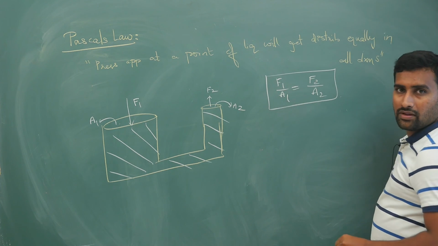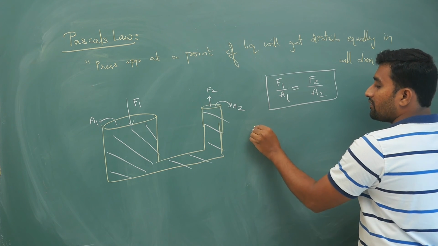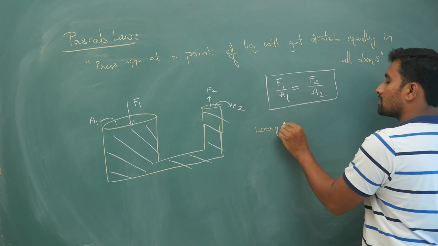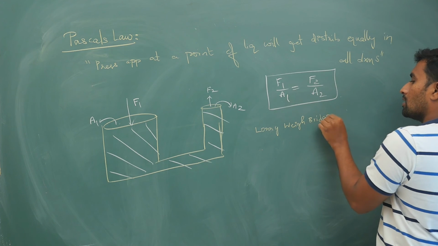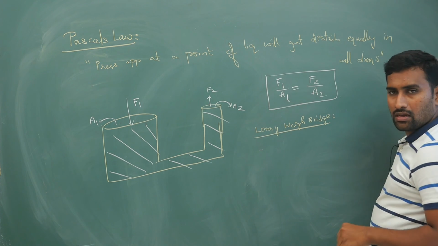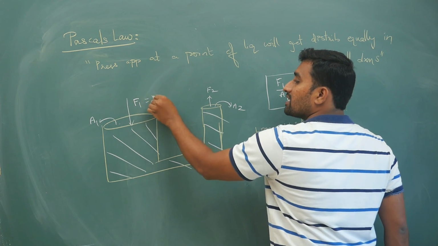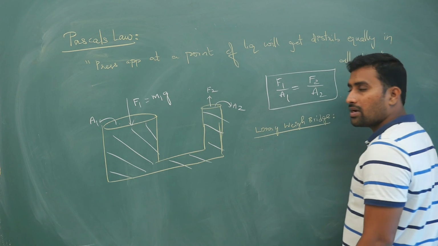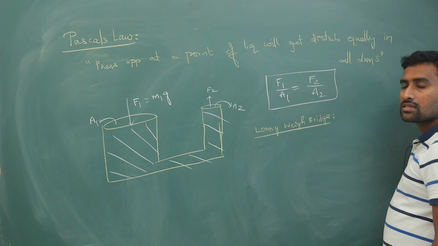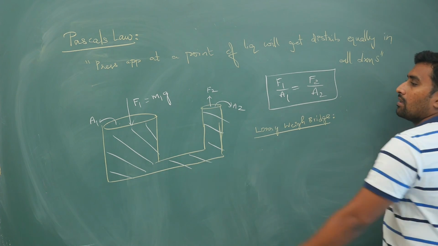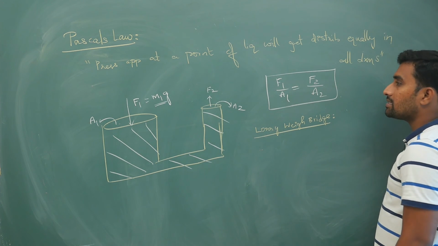Lots of applications are there. Take the lorry weighbridge. You need to know the weight of the load, which is the force, m1 into g. Drivers should not steal the goods, so this m1 into g, or F1, should remain constant while they travel between cities.